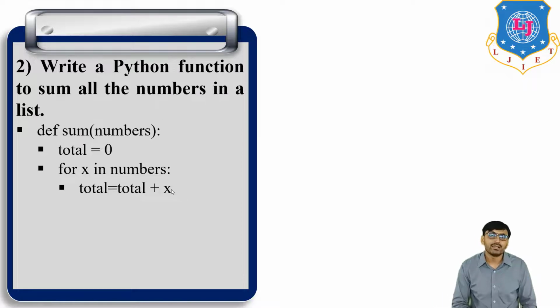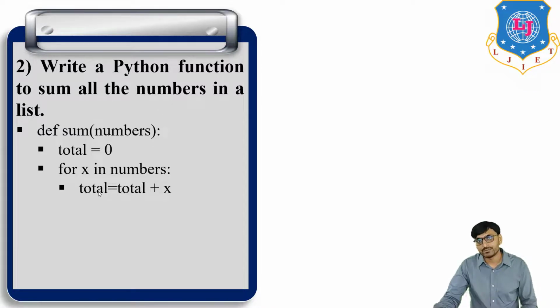For example, there is a list which contains three elements: 1, 2 and 3. So first x is equal to 1, and the initial value of total is 0, so 0 plus 1 is equal to 1, which is the value of total at the end of the first iteration.